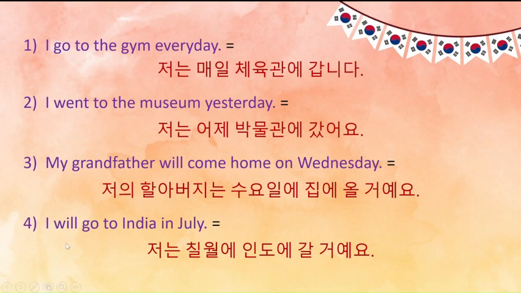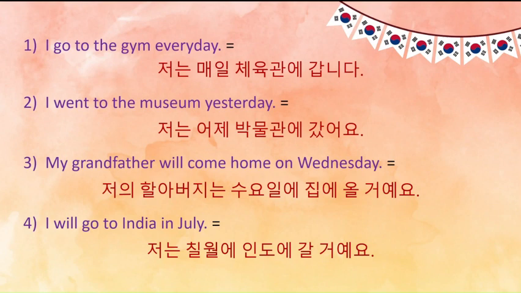Next example is I will go to India in July. 저는 7월에 인도에 갈 거예요. Now you can see that 에 is used twice in this sentence. Once to denote the time and the other to denote the location. Okay, so July in Korean is 7월, the 7th month, right?